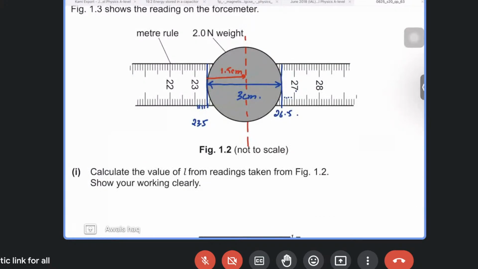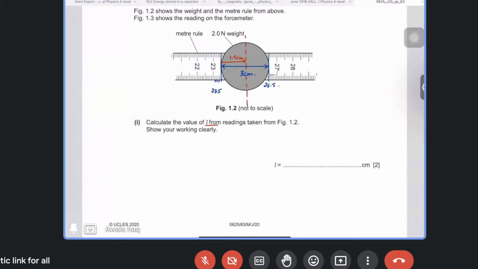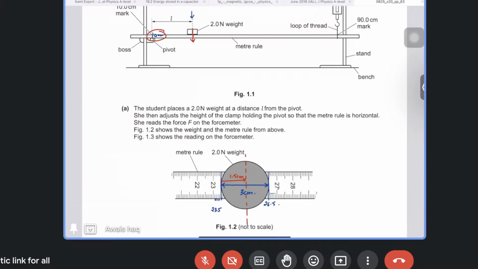Now, they say calculate the value of L, which is from the pivot at 10 centimeter. We got 23.5 plus 1.5, which is 25, right?